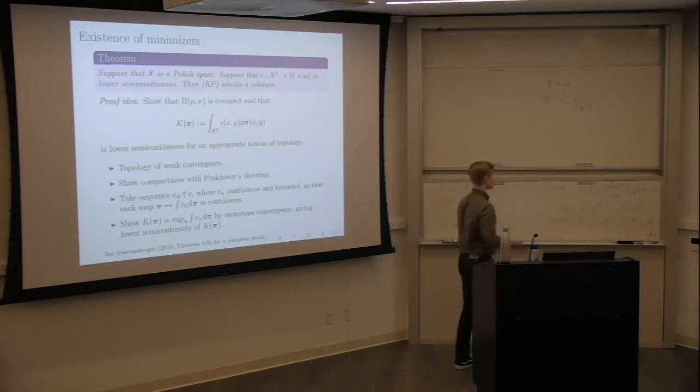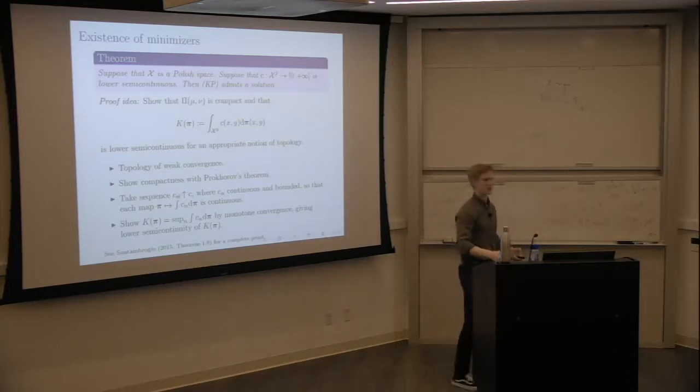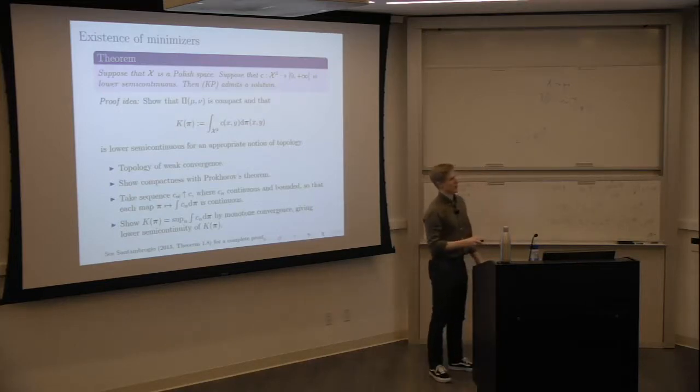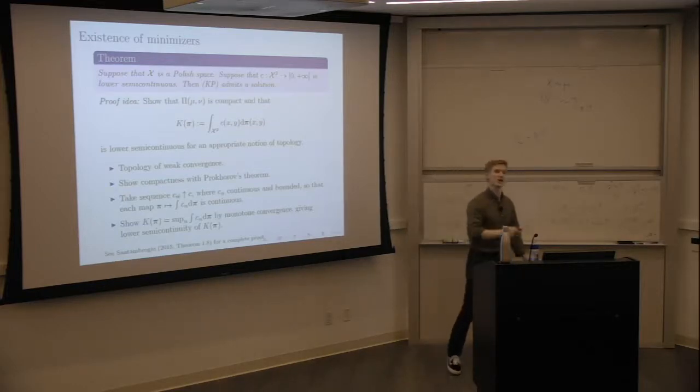If that doesn't make sense to you, just think about X as being some Euclidean space under its canonical norm. That's the easiest thing to think about. And suppose that C is lower semi-continuous. If that doesn't make sense to you, just think about it being continuous. Then the Kantorovich problem does have a minimizer.